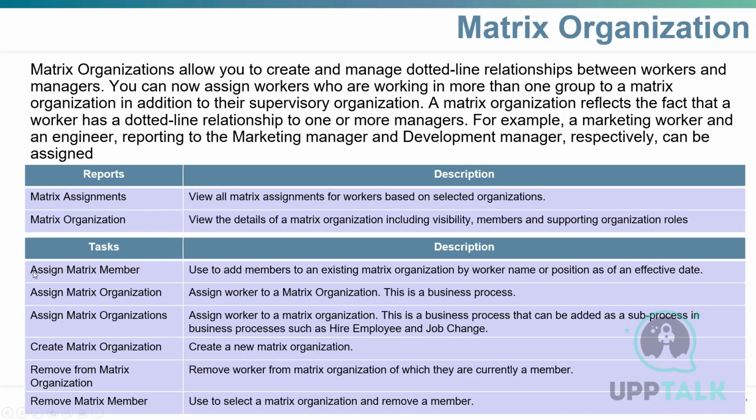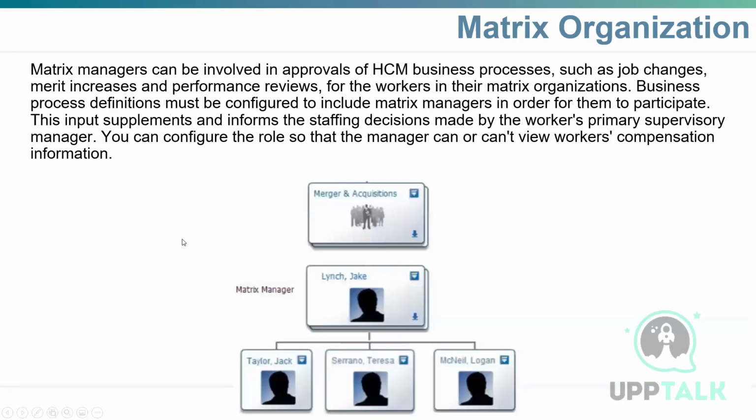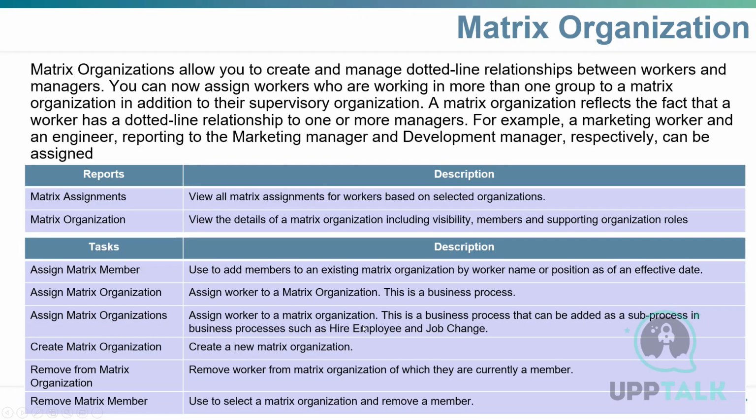So you have these tasks like assign matrix member, assign matrix organization, or assign matrix organizations. If it's more than one worker, then this can be used in your hire business process or change job business process as well, because this is a business process task, the third one.